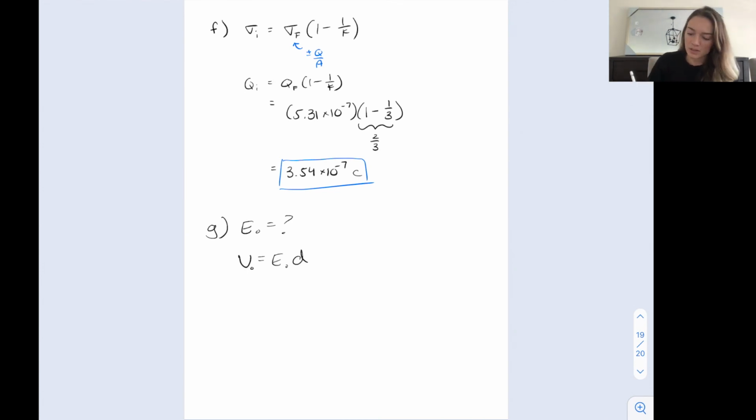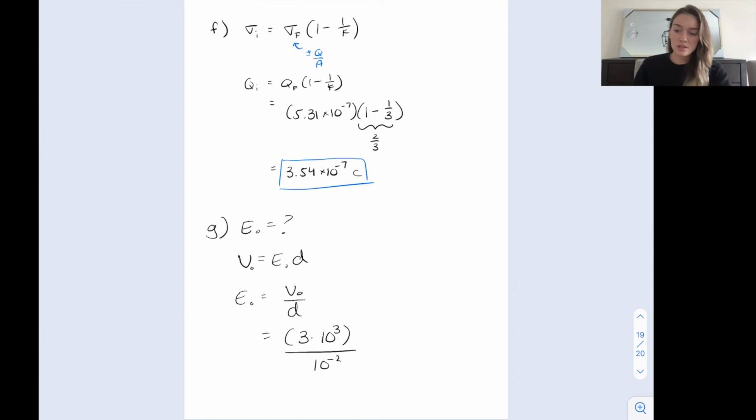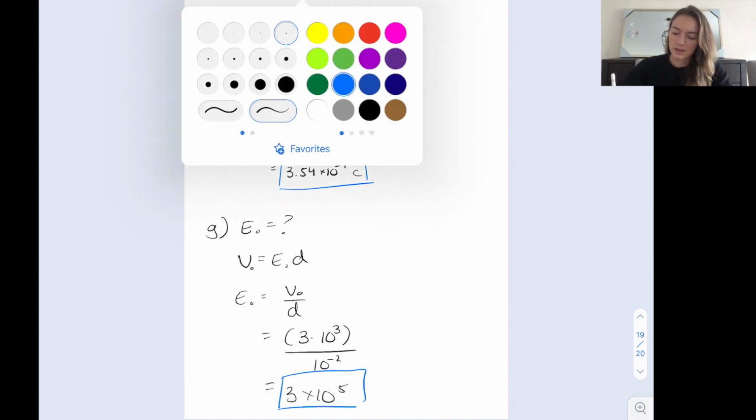So to find the original electric field, we can just divide the original potential by the distance between the plates. The original potential was 3 kilovolts, and the distance between the plates was 1 centimeter. So this will just come out to 3 times 10 to the 5th, and that is our electric field. Oh, and that's volts per meter.